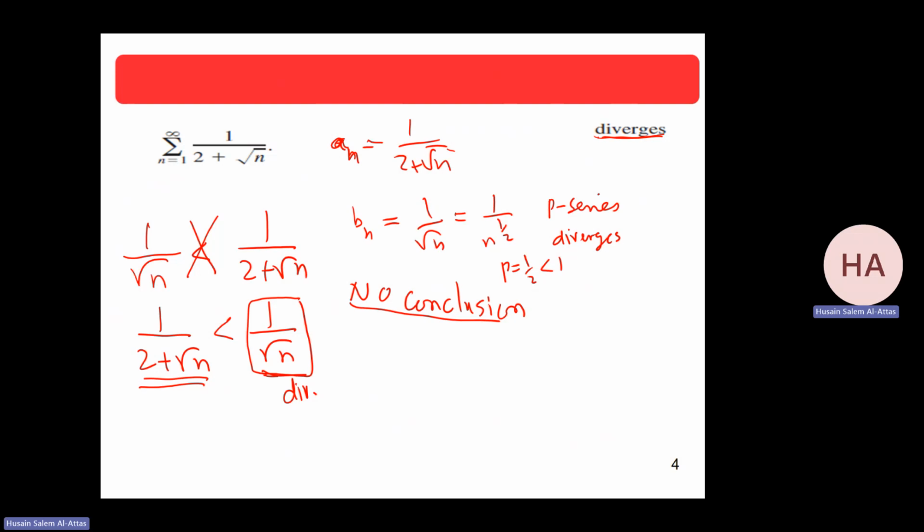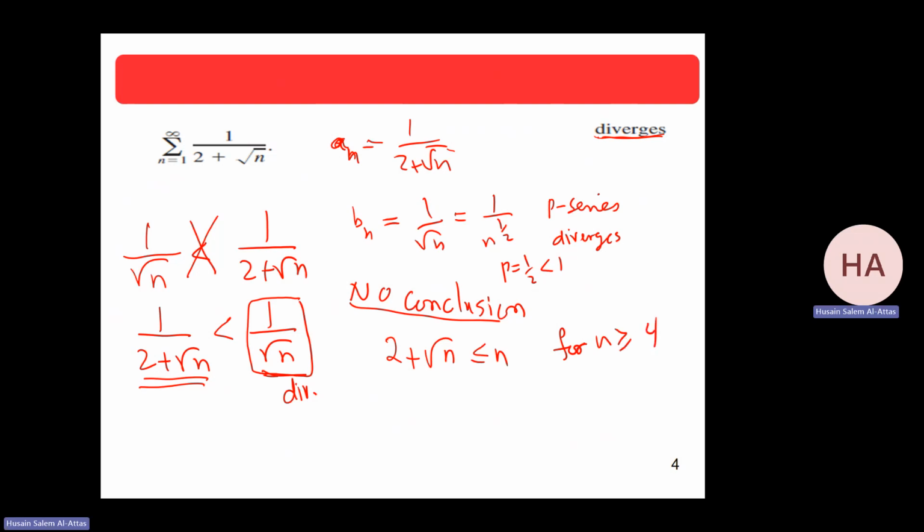What shall I do? Then I need to think about another sequence which is smaller than my original sequence, and that sequence diverges, if I want to prove it's diverging. You need to believe me that 2 plus square root of n is less than or equal to n, not always, for n greater than or equal to 4.